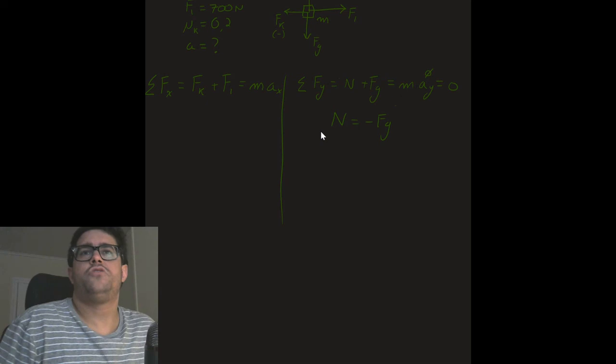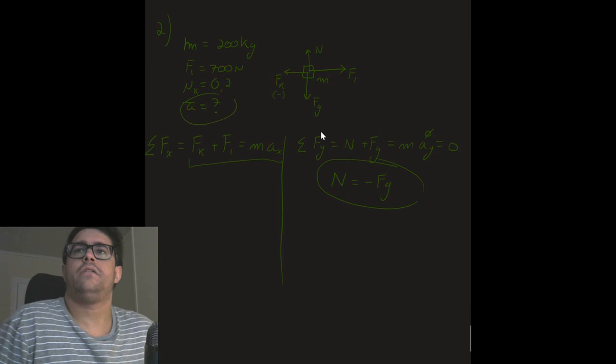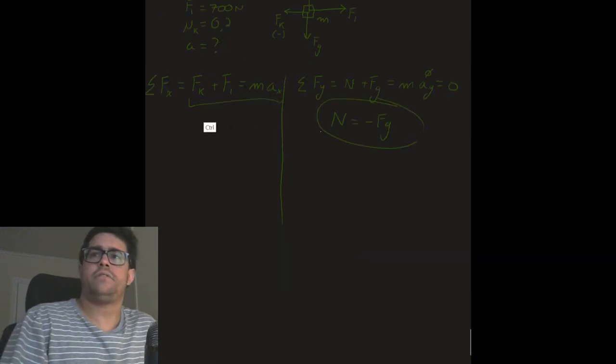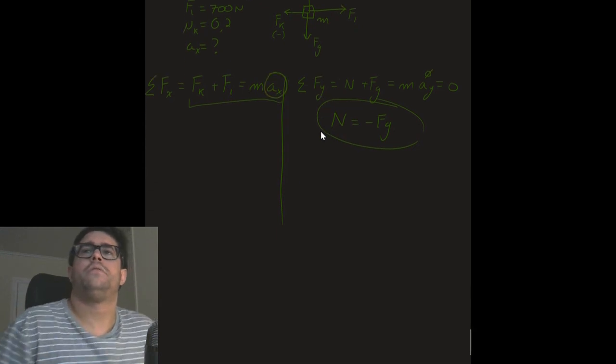So we got this information. We're happy with that. The X part is where most of the equation is. We're going to work with this part. The goal is to find A here. Is that ay or ax? That's ax. So we're looking for this.